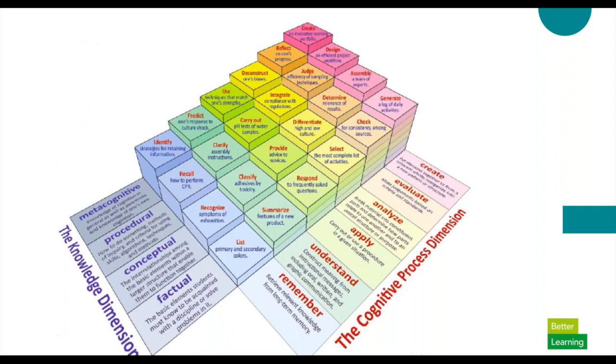Then on the right side, you have the cognitive process dimension, which is just Bloom's taxonomy revised. Remember, understand, apply, which are the lower order thinking skills. Analyze, evaluate, and create, which are the higher order thinking skills. But what he did, which is so cool to me, is that where they intersect, for example, factual information and remembering, you might ask students to list information.